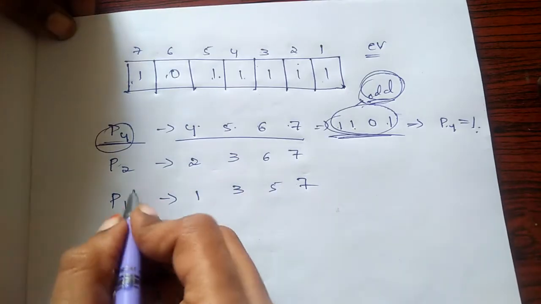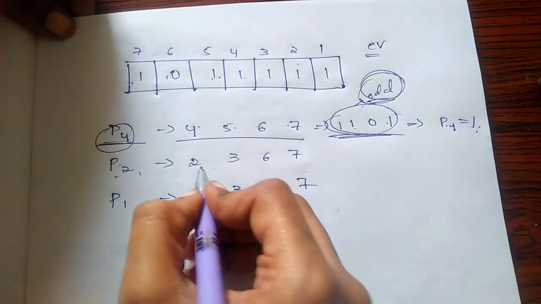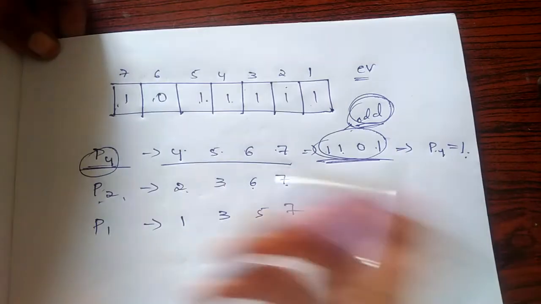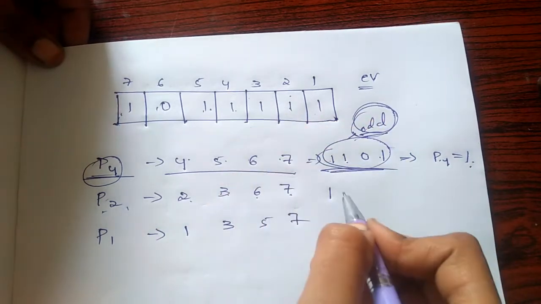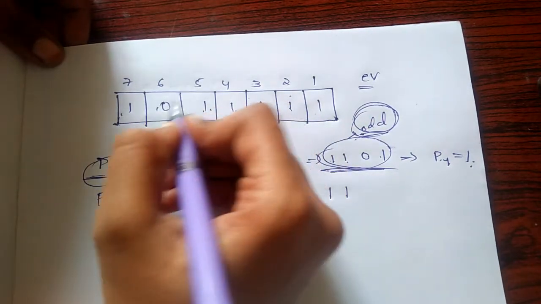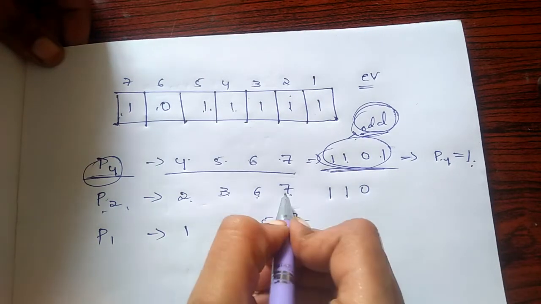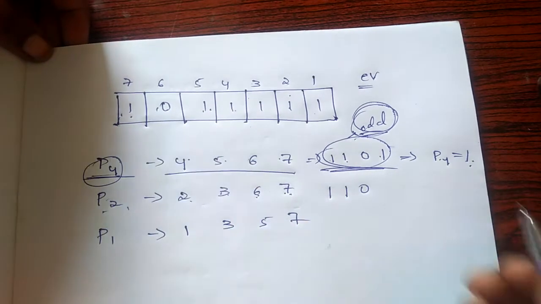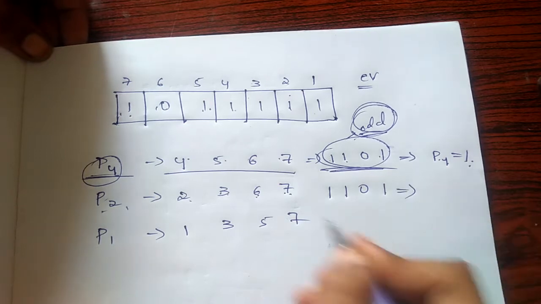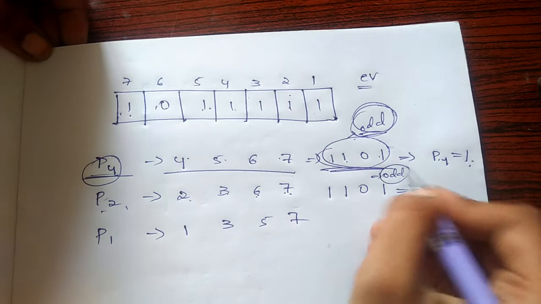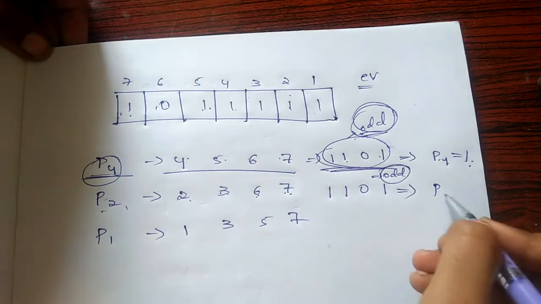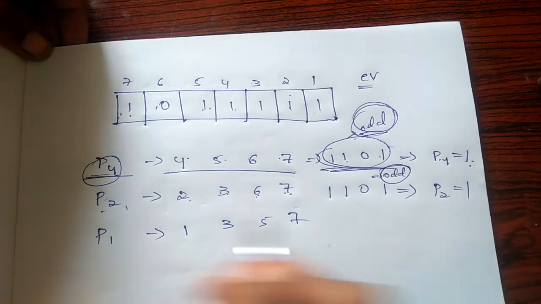Okay. Then next, P2: 2, 3, 6, 7. At 2, 1; at 3, 1; at 6, 0; at 7, we have 1. So same, what we have? Odd. So odd means to make it even, we have to put P2 as 1.